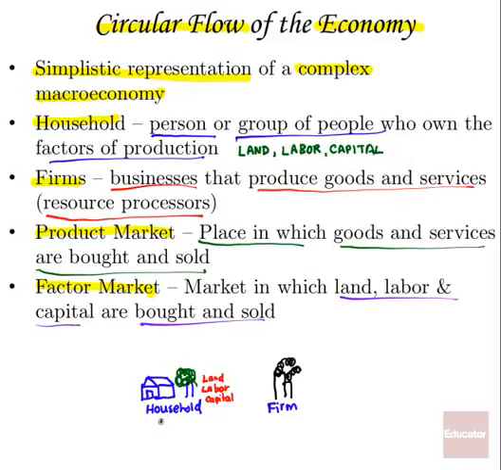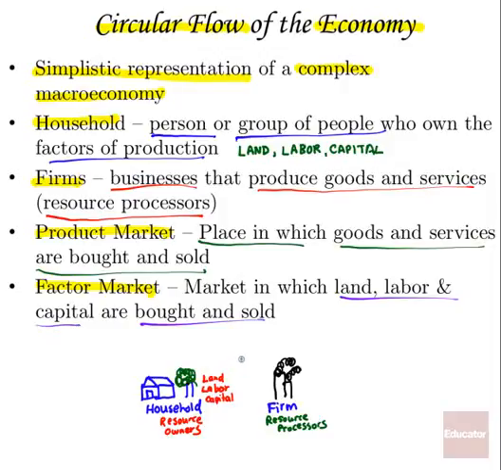So they are the resource owners. And the firm, on the other hand, they're the resource processors. So they're the ones that take the land, labor, and capital, and they process it into the final good and service. Now, quite obviously, when you have tons of different things in a very complex economy, it takes entrepreneurs to take all these different factors of production and produce something different here.